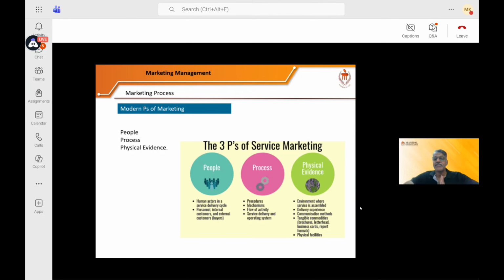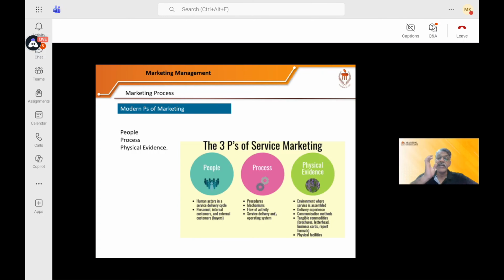Now, let me explain what is meant by people and how it goes about. When I say people, whenever you buy any product in the market, you always see who is the manufacturer, right? That manufacturer we call people in marketing. For example, Tata Products, Reliance Products all come under the people who are manufacturing the product in the market.